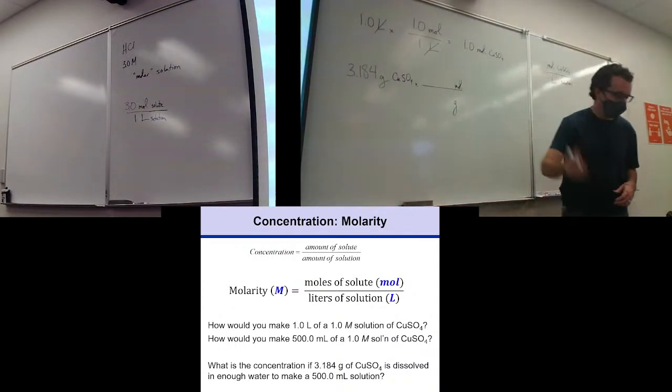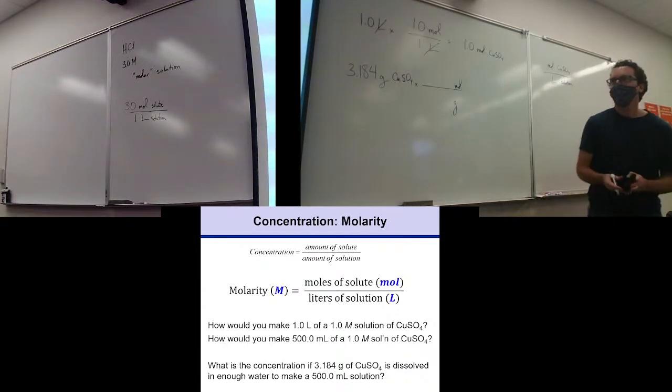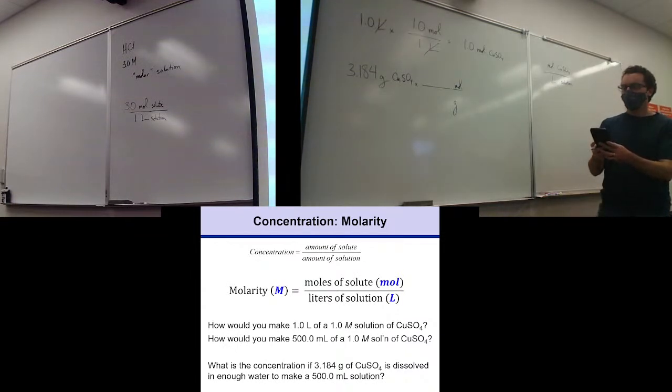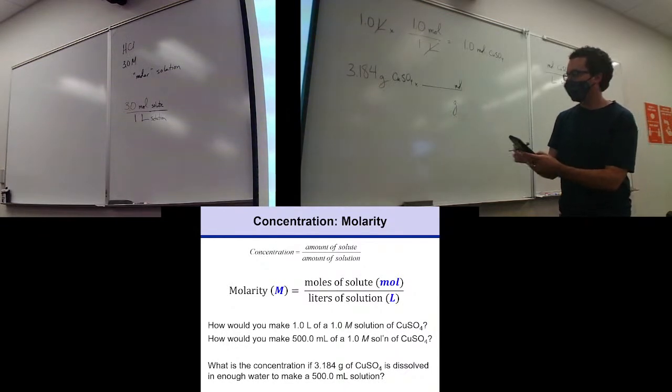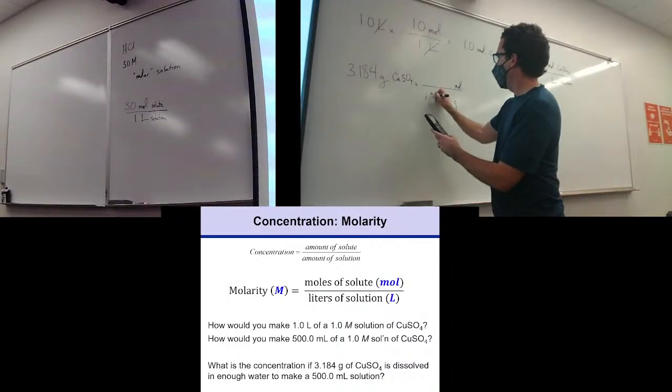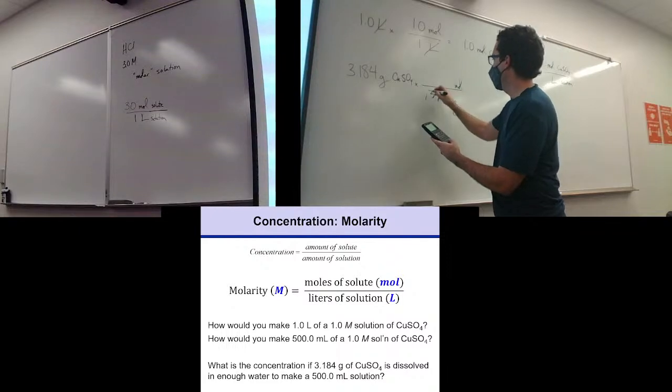All right, periodic table to the rescue. Copper is 63.546. Sulfur is 32.066, and then there's 4 oxygens at 15.9994. That gives 159.6, which is enough for right now.